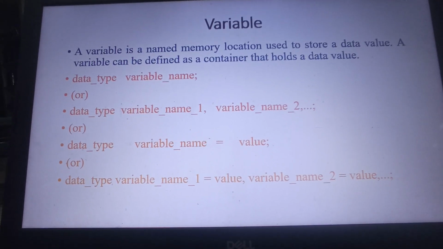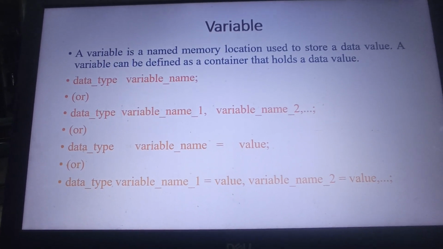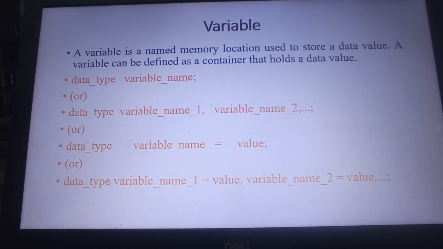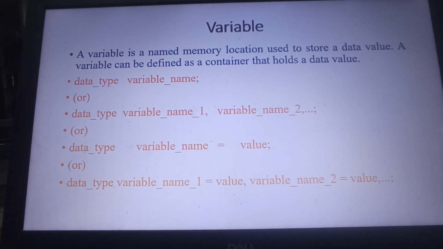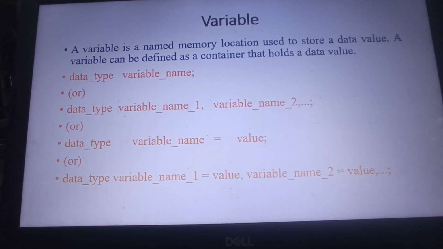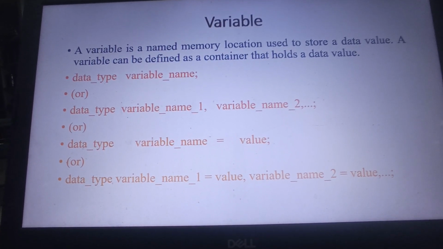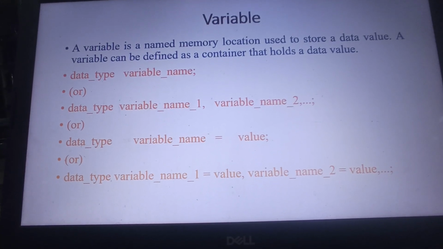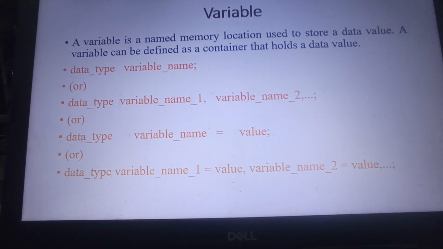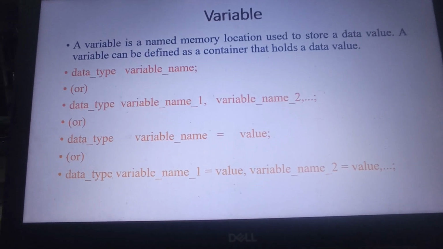In Java we declare a variable in different ways. The syntax is data type followed by variable name. This is the one way. Or data type then declare the same type of variables, means same data type of the variables, variable 1, variable 2, variable 3, like this.